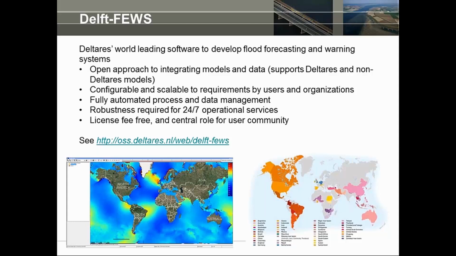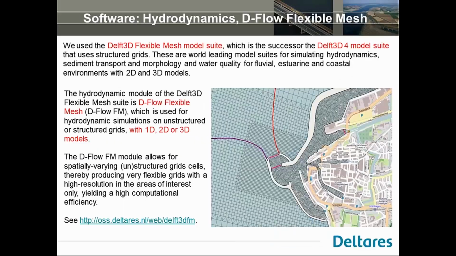You can use this for water quality, and even sediment transport. So this is the software that we use to make all the modeling and the data inflow and outflow automatic. You can see more on the link there from the Deltares open source software website.